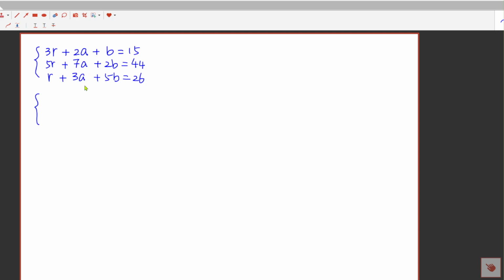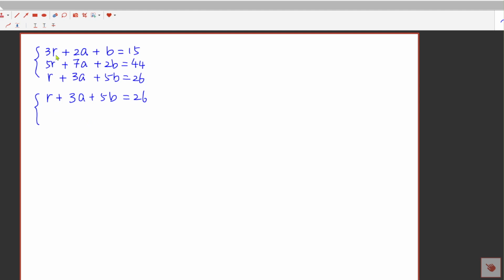Okay, so we're going to use elimination method, which means we want to eliminate or reduce the number of the unknown variables. So usually we'll put the smaller number in the first equation to facilitate our discussion. So let's move the third equation to the first position here. r plus 3a plus 5b equals 26.